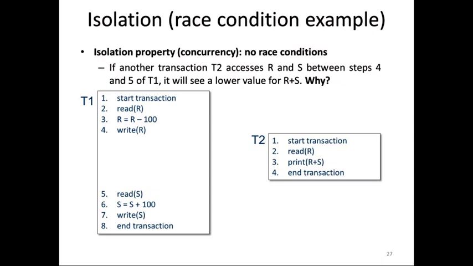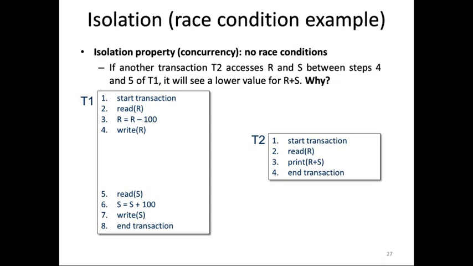So here we have two possible serial executions, T1 then T2, or vice versa. In both of them, the statistic R plus S will be the same, 2000. Both serial executions will lead to the same value.